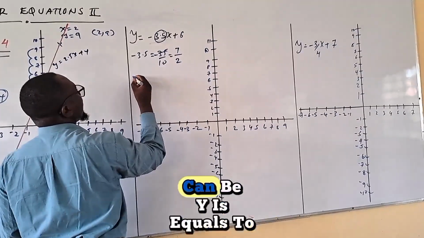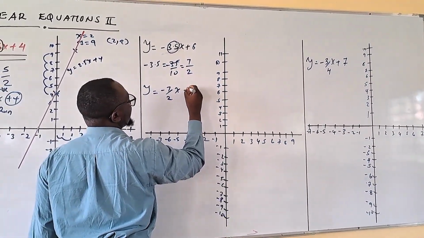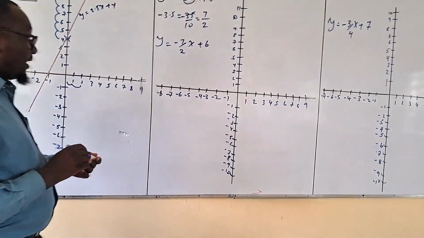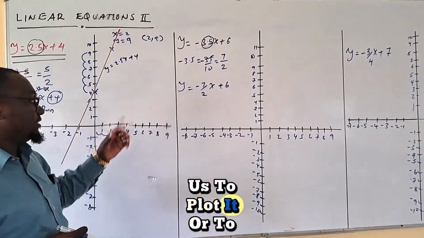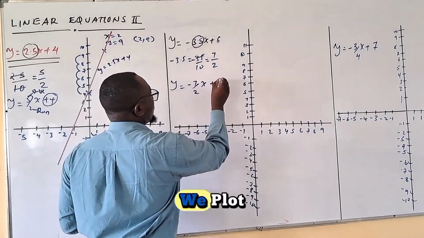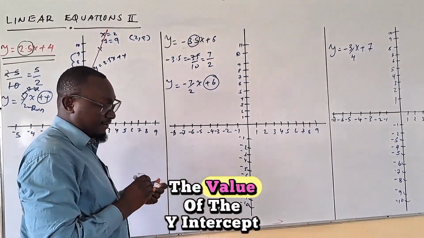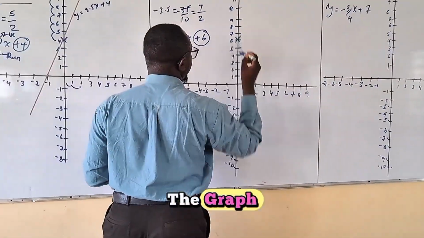So this equation can be y is equal to negative 7 over 2x plus 6. And once we have this, it will be easy for us to draw that line on the Cartesian plane, where we plot the value of the y-intercept. So that is 6 on the graph.